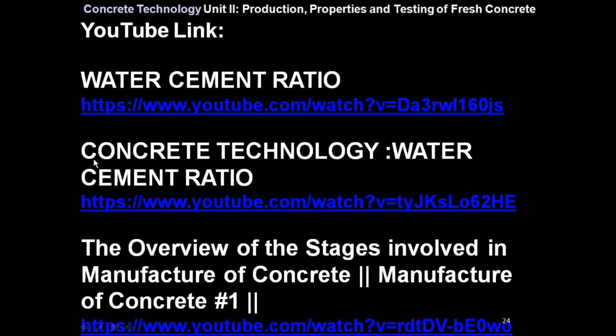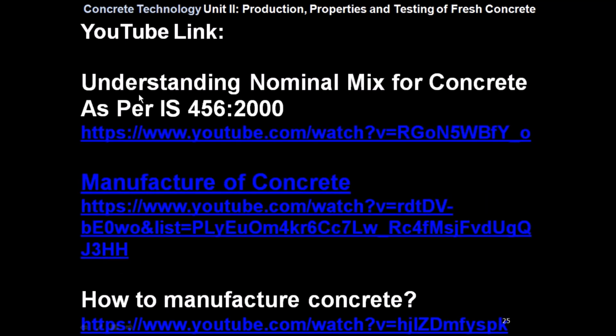Next, concrete technology, water cement ratio. Next, the overview of the stages involved in the manufacture of the concrete, manufacture of concrete part 1. Next, understanding nominal mix for concrete as per IS 456-2000. Next is manufacture of the concrete. Next, how to manufacture the concrete.